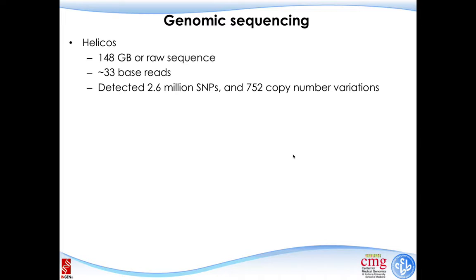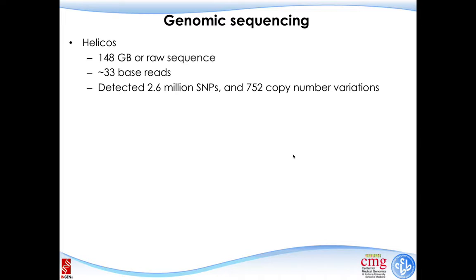Back in those days, they did 148 gigabases of raw sequence. What that means is, if you think of the human genome as 3 billion letters, 150 gigabases means 50x coverage for the whole genome sequencing data. Those are a strange technology which I'm not familiar with, and they are on average 33 base long reads.